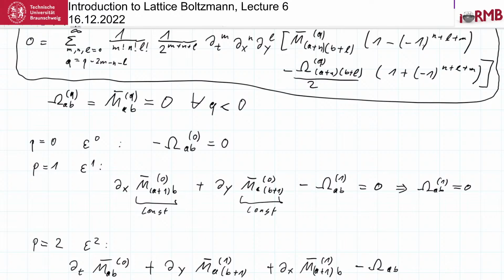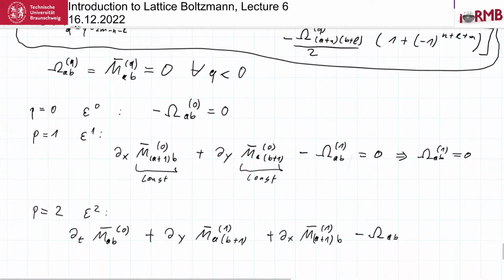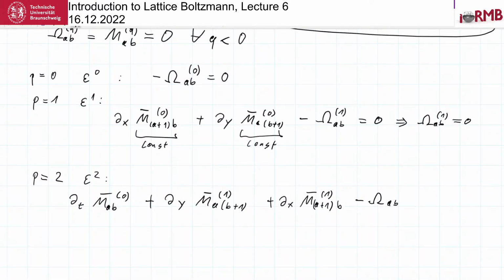Then q is equal to p, so it's 2, and all of this is still equal to 0. Now things are starting to get interesting. This again is 0 order, this is constant, so it will disappear. The derivative of a constant will disappear.